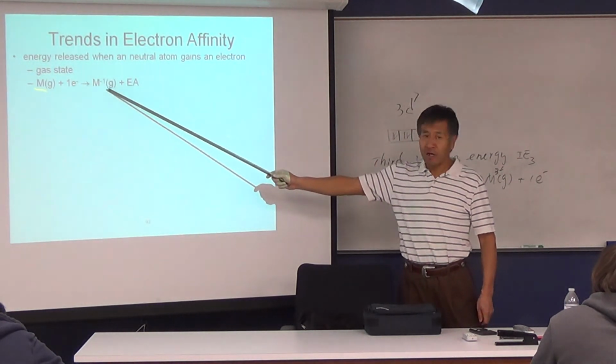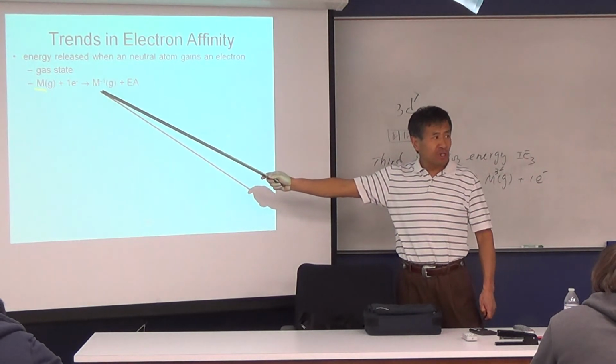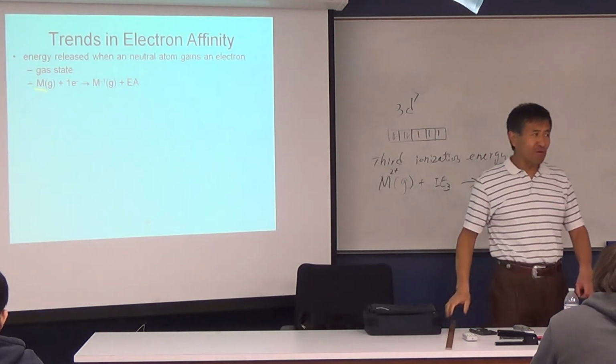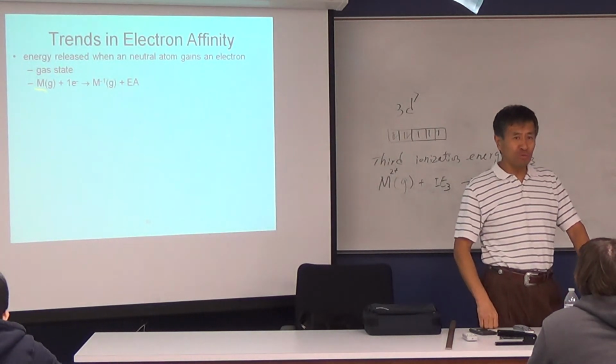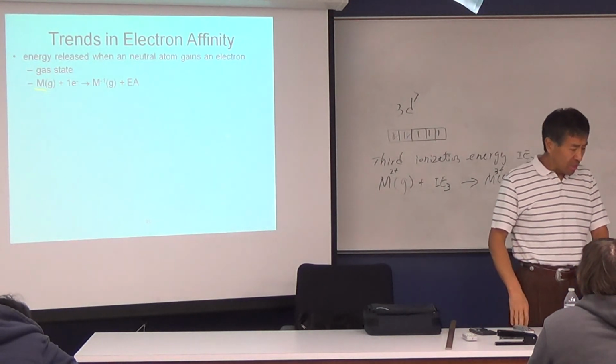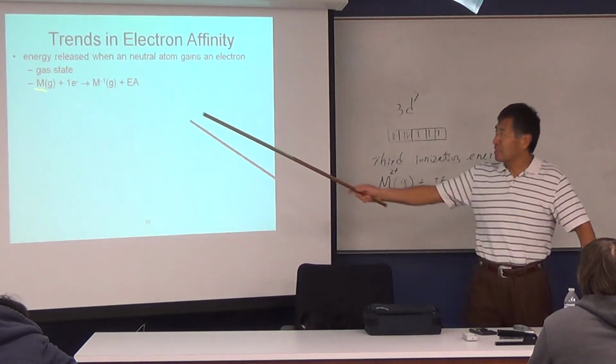If you add an electron, you produce a negative ion. In this example we don't think about producing 2 negative charges, just 1 negative. And so you will see the plus EA here.